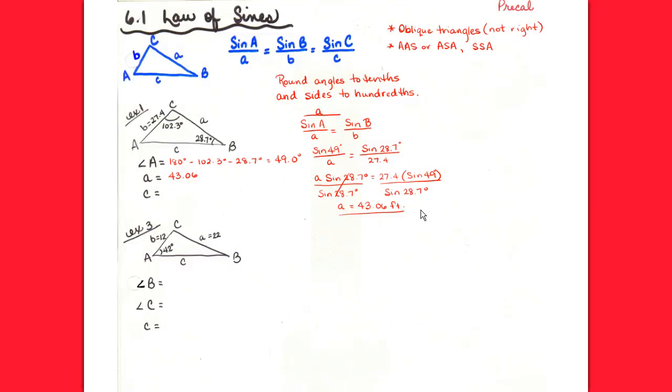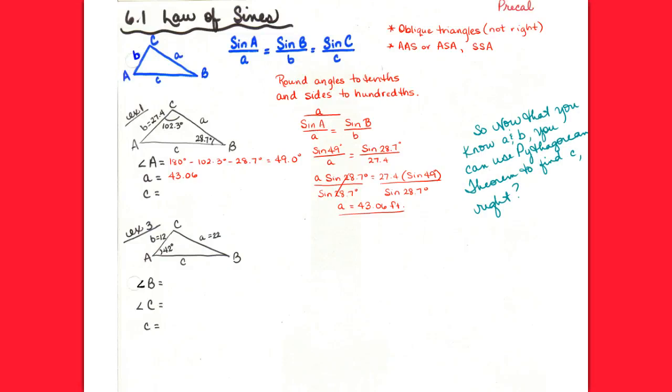Okay, so let's find little c. If I'm going to find little c, I can use Pythagorean theorem, right? Because I know a and b, so I can do Pythagorean theorem to find c, right? Yes, no. Why no? This is not a right triangle.